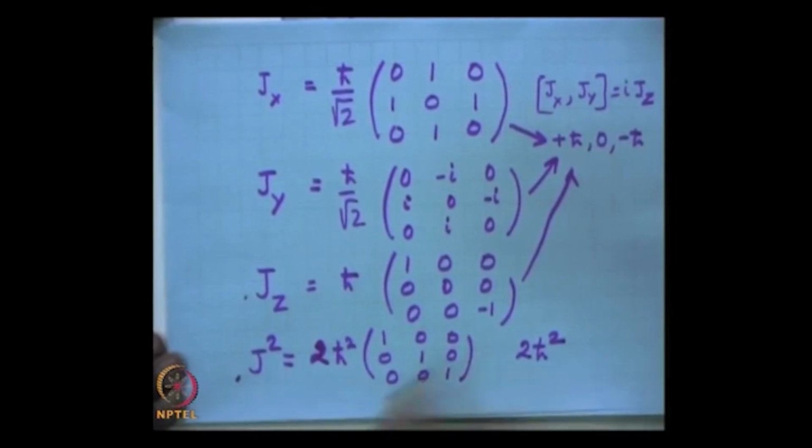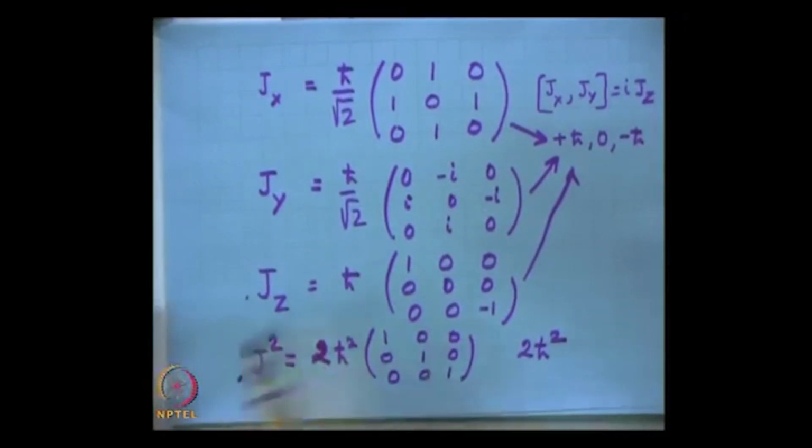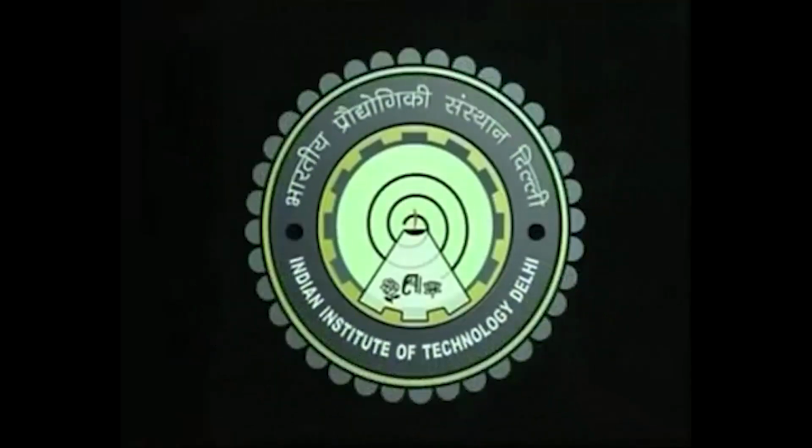So, I can set up again 3 vectors which are simultaneous eigenkets of J square and J z, and do the same kind of analysis as we had done for the j equal to half case. So, with that we conclude this lecture. In the next lecture we will use the operator algebra to determine spherical harmonics. Thank you.